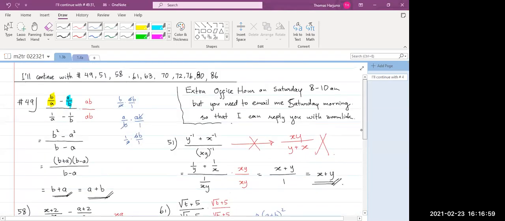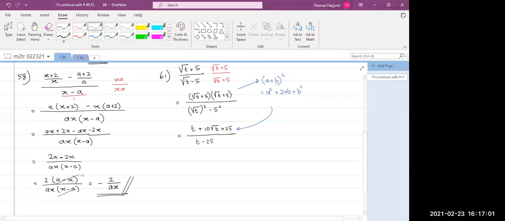Now the thing is, number 63 is slightly different. I remember I did number 64 in my lectures. So number 63 is a similar idea, similar method, cube root of a minus cube root of b. Now, how to get rid of cube root if we have two terms?